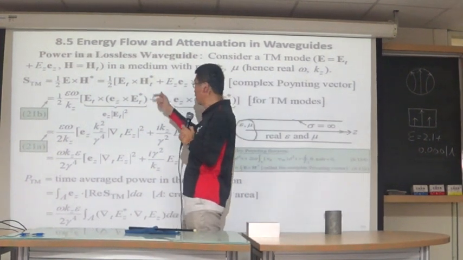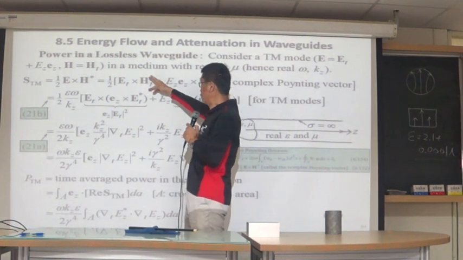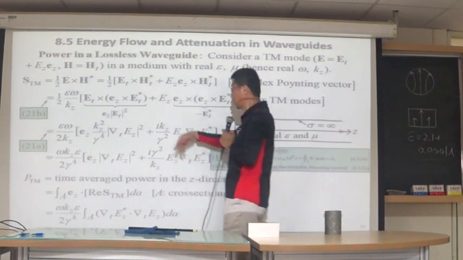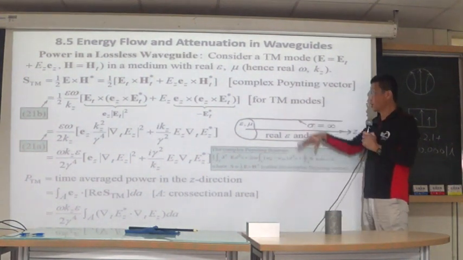And then what can we do here? We can simplify this calculation a lot. For TM, we just substitute HT.